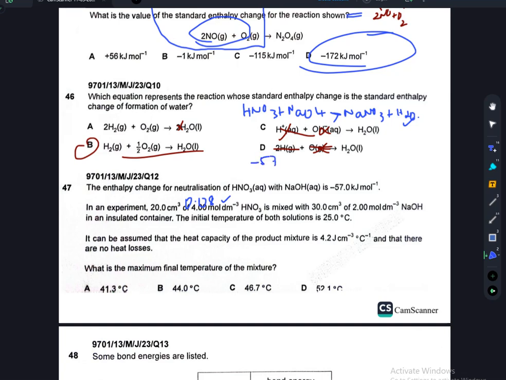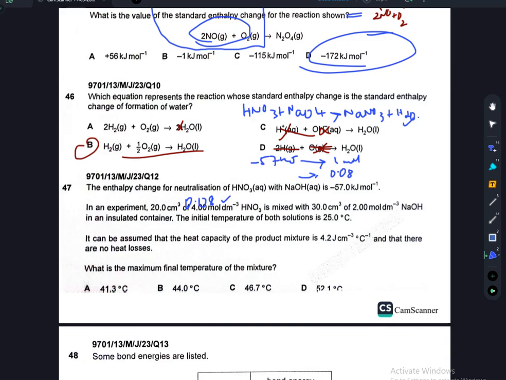If minus 57 kilojoule is for 1 mole, then for 0.08 it should be how much? Minus 57,000 multiplied by 0.08. Equals, no, there's an issue again here.